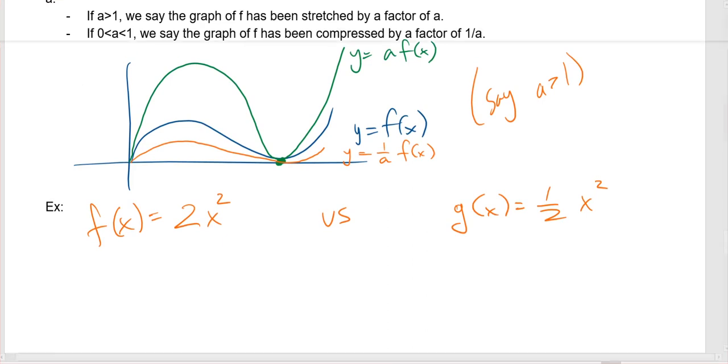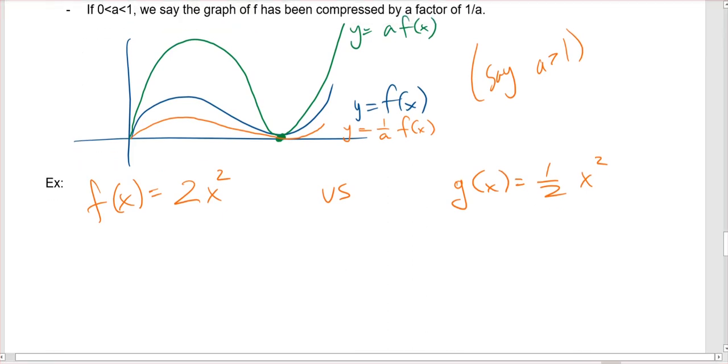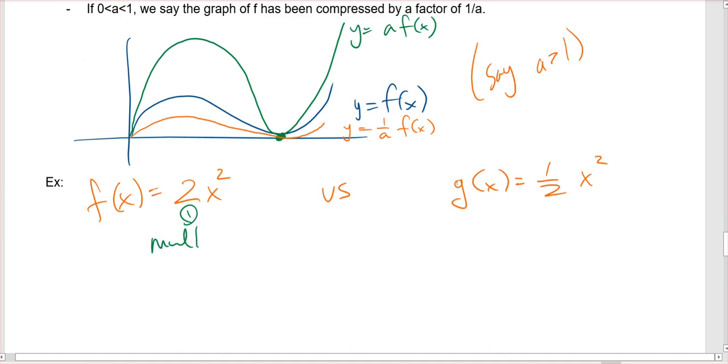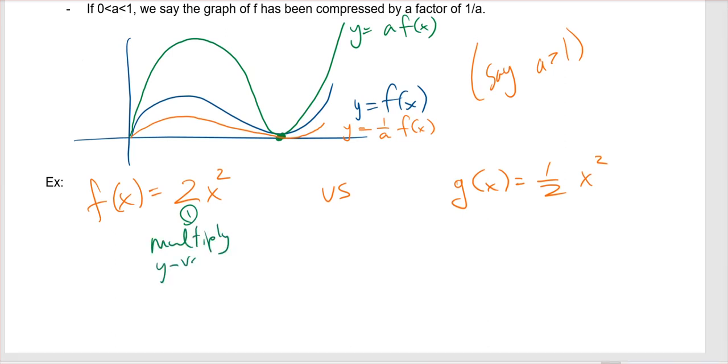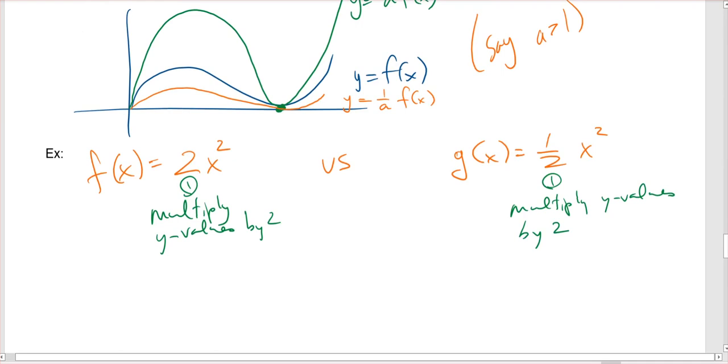Okay, so we're going to take all of our y values, so that transformation here, we're going to multiply y values, all of them by 2. We already know what the standard one looks like, right?